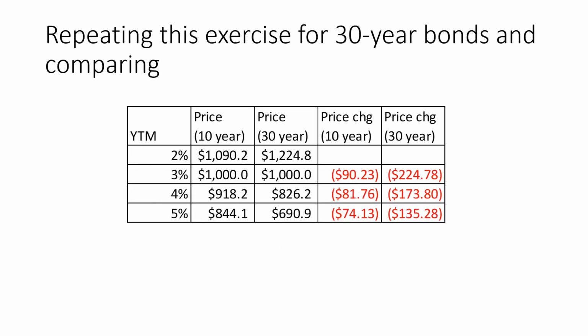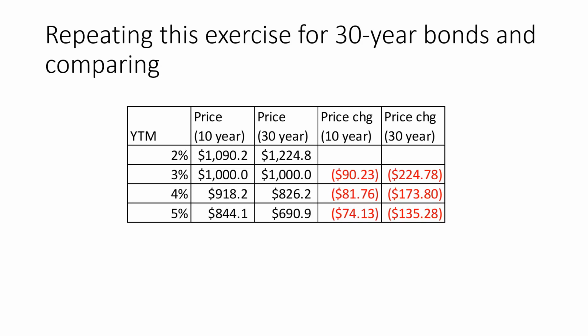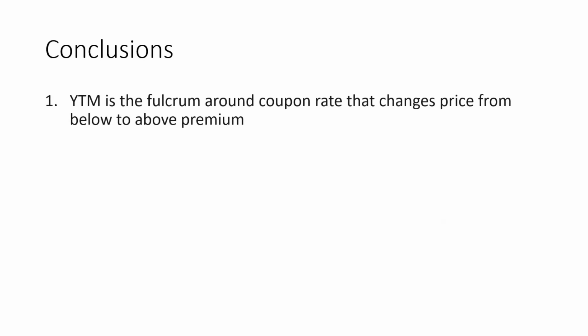Then we saw a summary of changes to price when we have a 10-year bond and a 30-year bond. So notice how the 30-year bond always fluctuates more than the 10-year bond. So to conclude, YTM is called the fulcrum around the coupon rate. When the coupon is equal to YTM, the price is par.